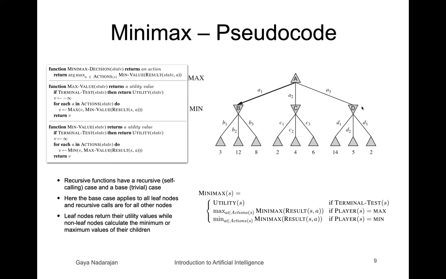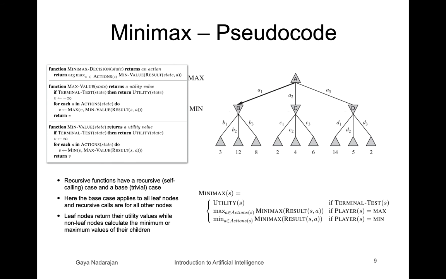However, what about these other states that are not leaf nodes? For those states, it's going to check: is the player at that state Max? If it's Max, then Max is going to get the maximum over all the actions of its children, basically. But it doesn't have immediate access to the children.